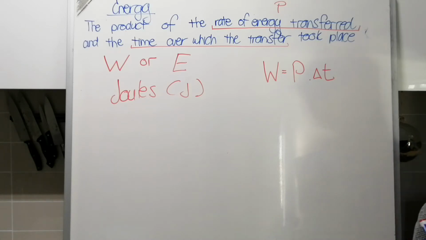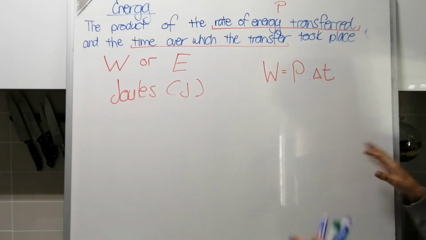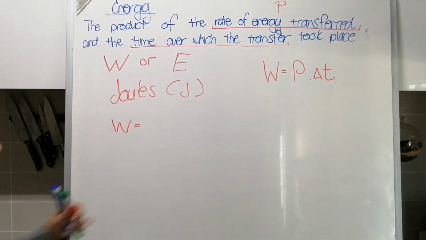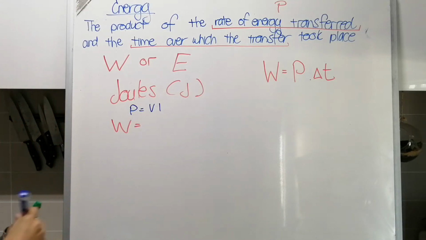Now we've got 3 formulae for power, so we've got 3 formulae for energy as well. So we've got W equals P times delta T, which can be rewritten using the first power formula, that power is equal to V times I, right?